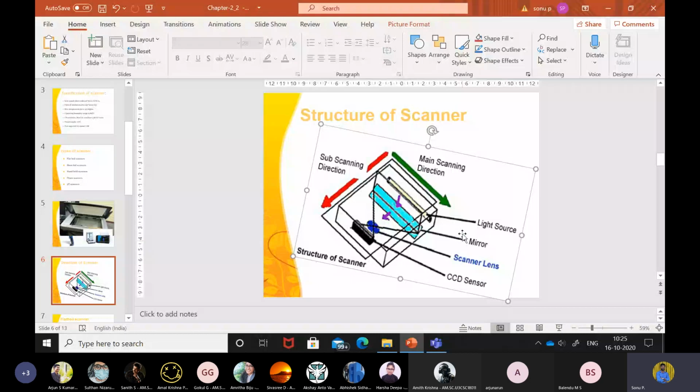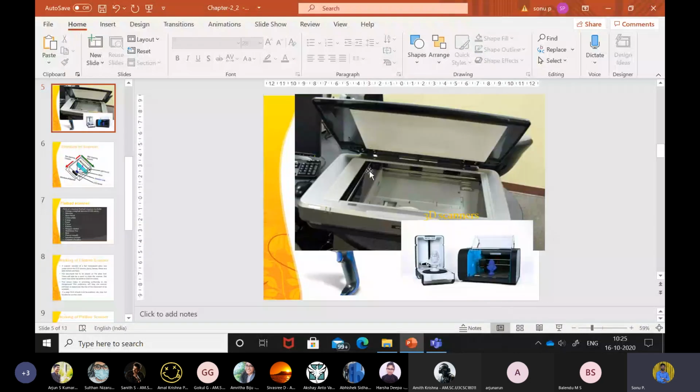You can see that on the top of the scanner is a lid. The bottom, where the document is fed, has a glass plate over it, and above the glass plate it has a coated white sheet. We can look into why there is a white sheet and a glass there.